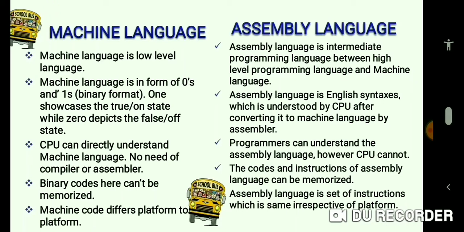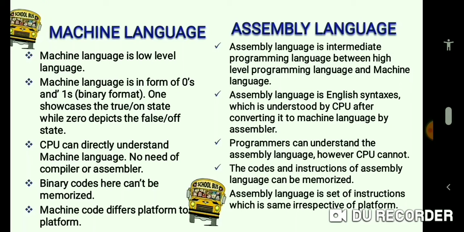Machine language is in the form of 0 and 1, whereas assembly language uses special symbols known as mnemonics. CPU can directly understand machine language, so there is no need of compiler or assembler. But CPU cannot understand assembly language, so there is a need of translator.